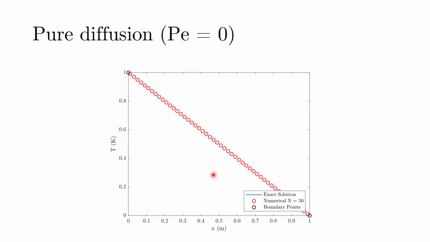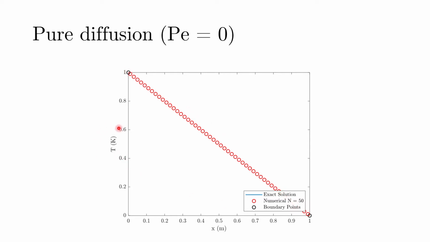So if I consider the case of Peclet number of 0 with the boundary conditions of 1 at the left boundary and 0 at the right boundary, and in this case I'm using 50 grid points to discretize my domain. And if you remember, I hope you do, in the case of pure diffusion, we expect a linear variation of the variable of interest phi, and therefore the variable would just vary linearly here.